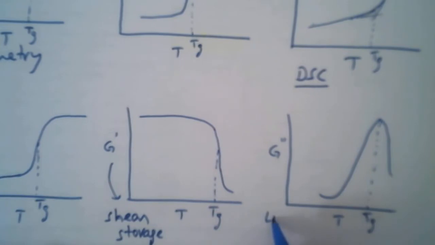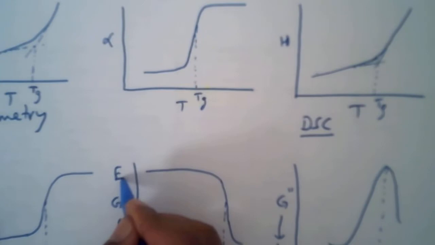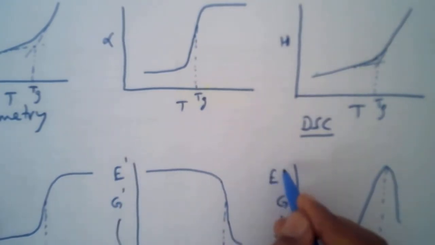This is the shear loss modulus. Similarly, we can also have E prime and then E double prime.